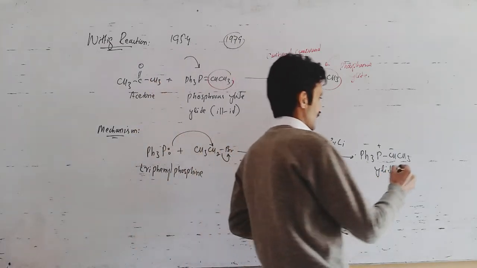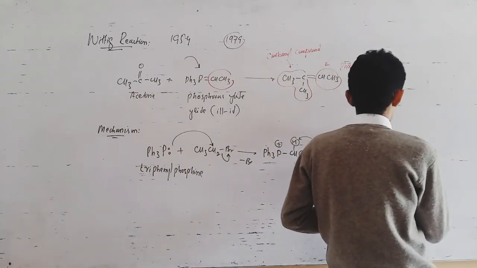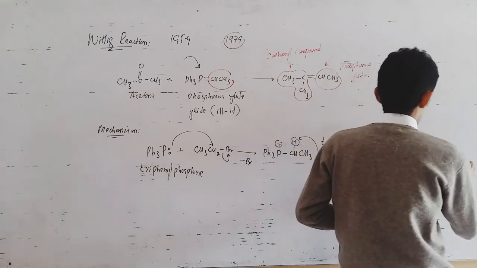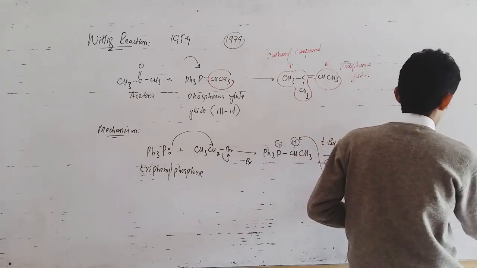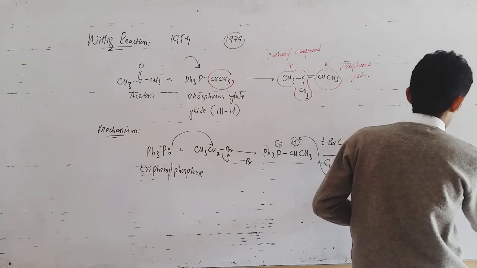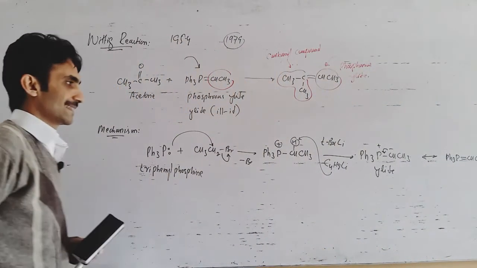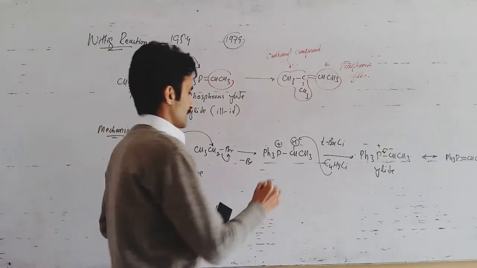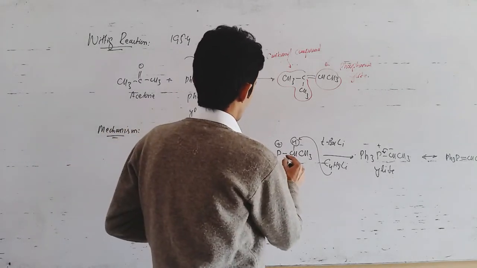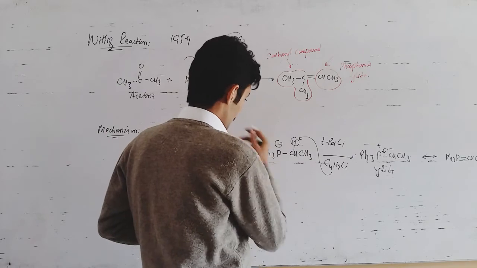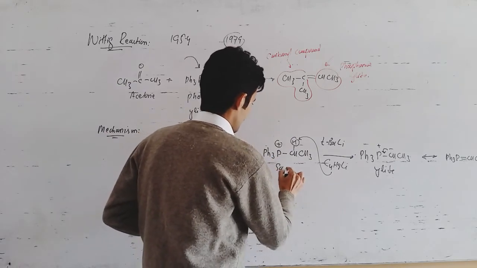We can draw its resonance structure as well. So, now we have synthesized a phosphorus ylide. This is basically derived from a triphenylphosphonium salt.